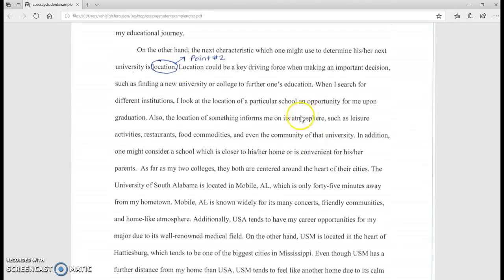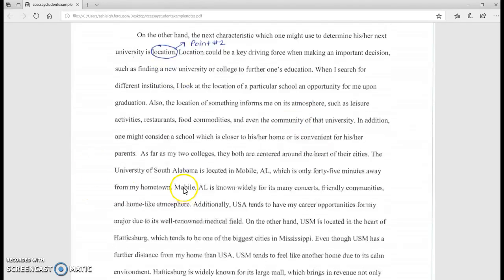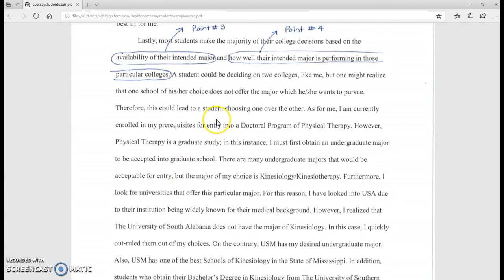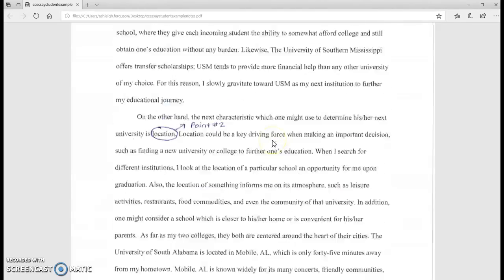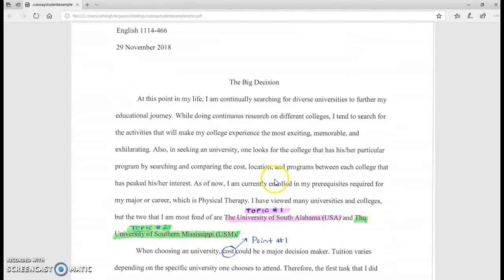It's first here in the third paragraph, and it's also first here in the fourth paragraph. So your first topic, if it's mentioned first in your introduction or your thesis statement, you have to discuss it first throughout the whole essay. If the second topic is mentioned second, okay, that means that it has to be second throughout your whole essay, okay?